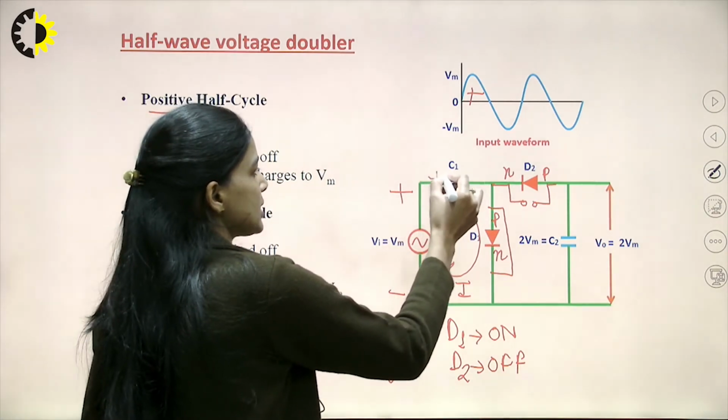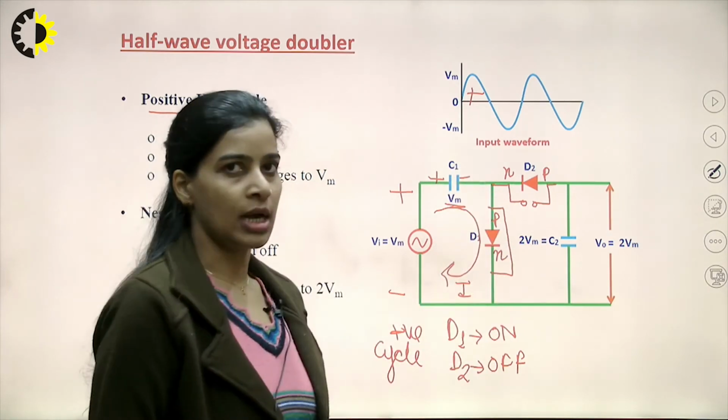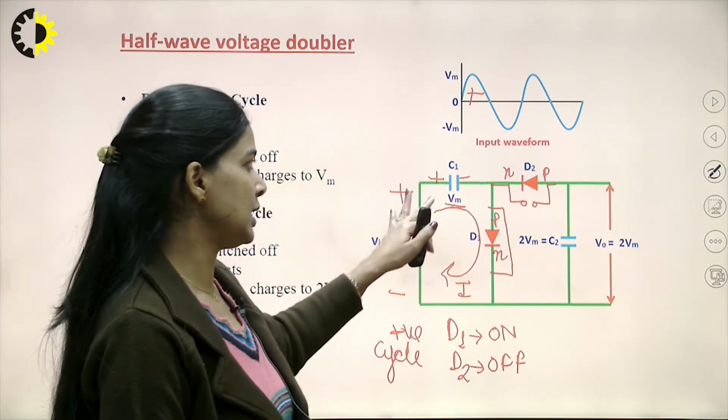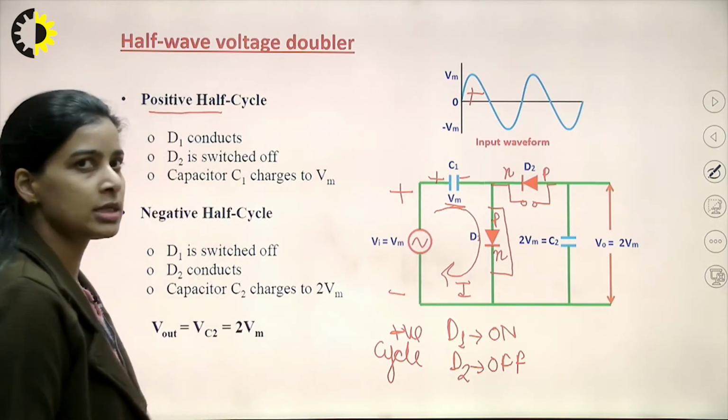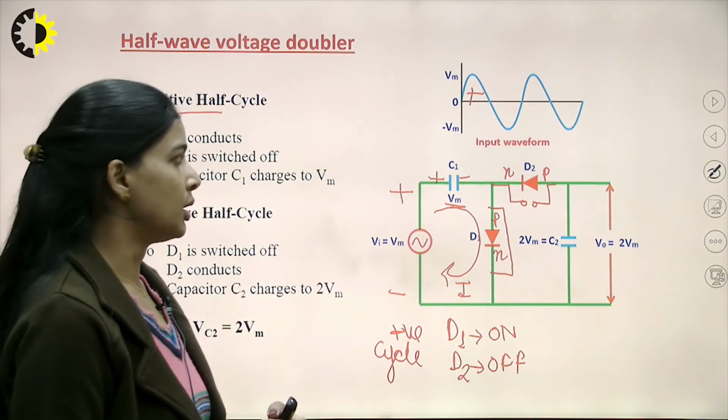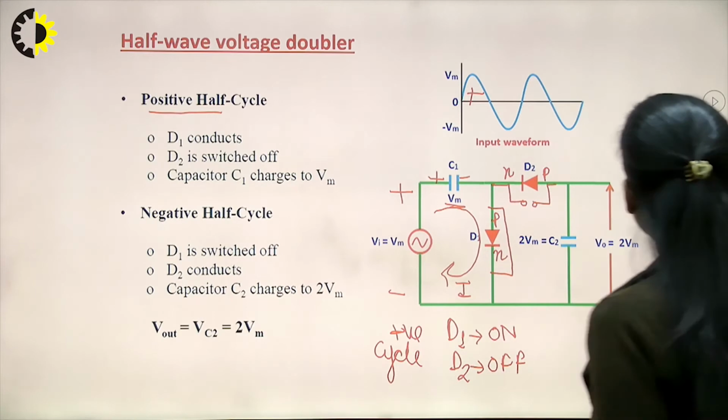So at this side we get positive and negative charge on the capacitor C1 during the positive half cycle of the input. Then what happens in the negative half cycle?